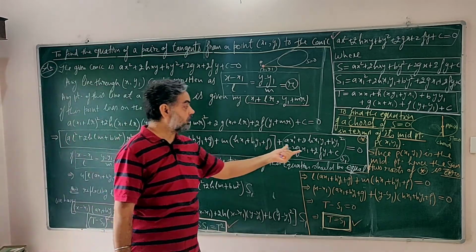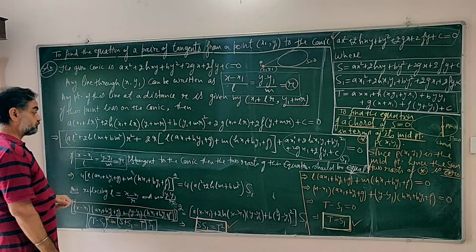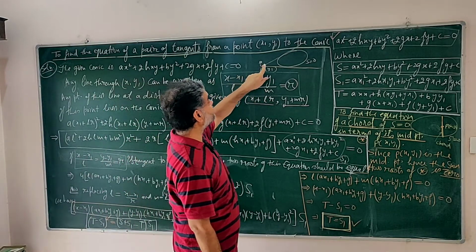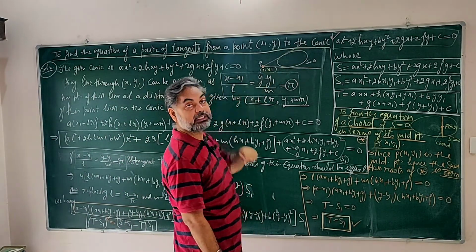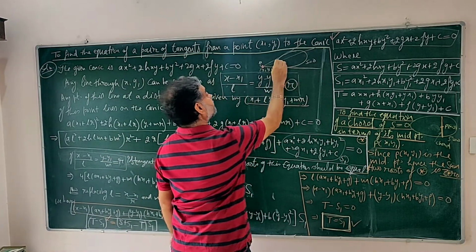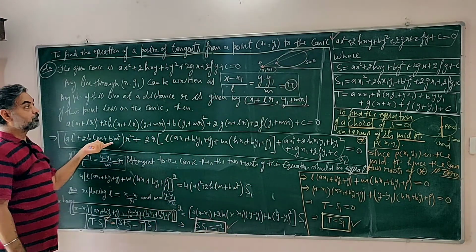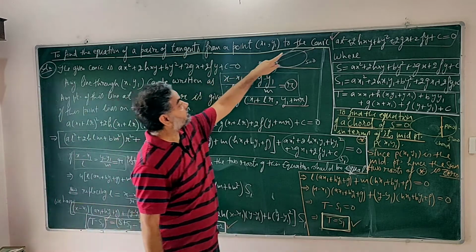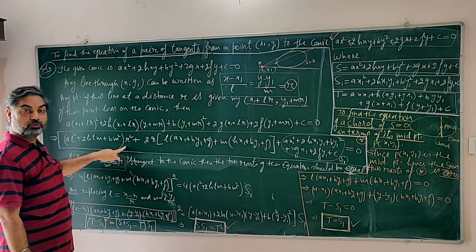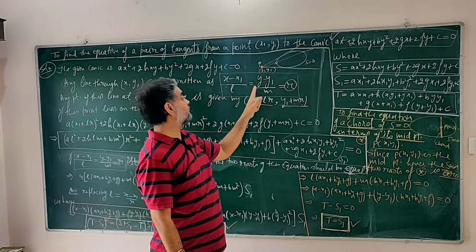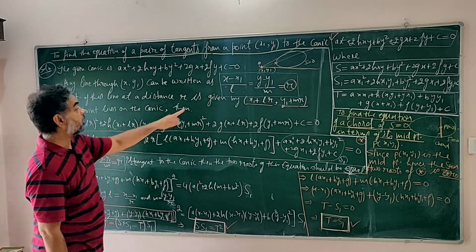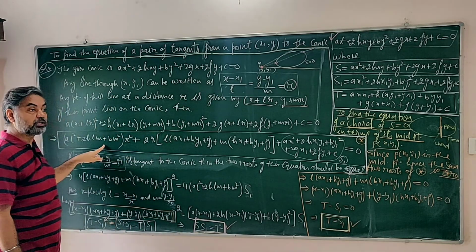If the line passing through x1, y1 has to be a tangent to this conic, then the two roots of this quadratic equation in r should be equal.